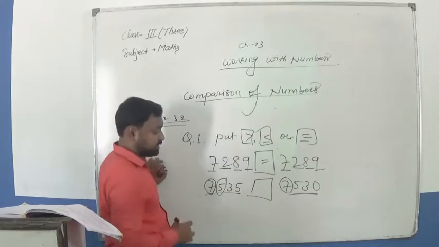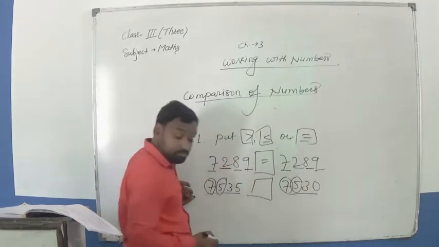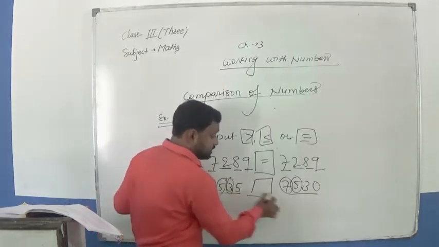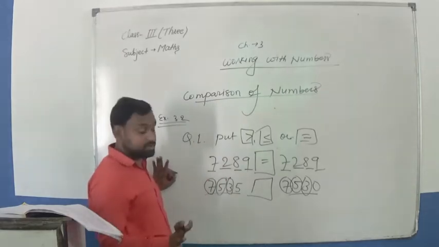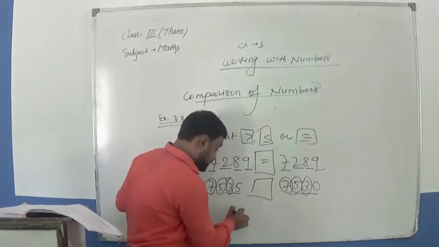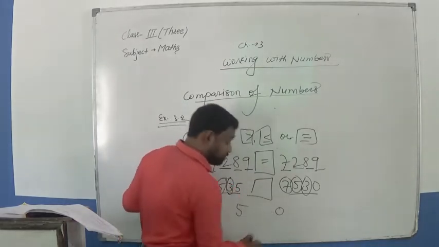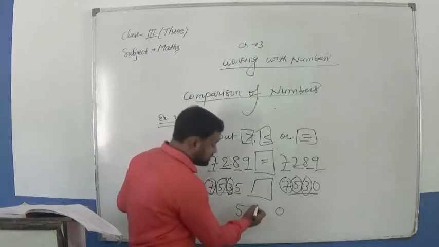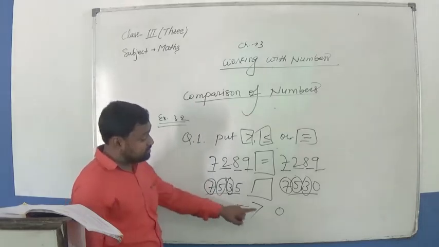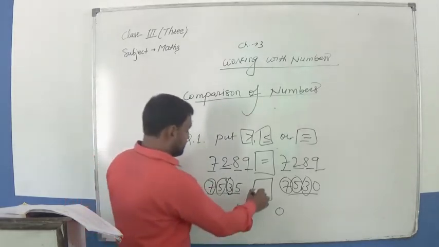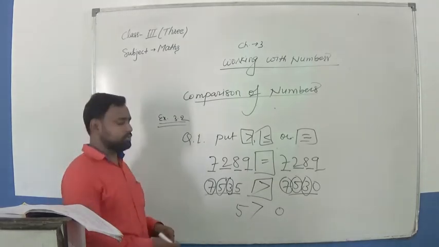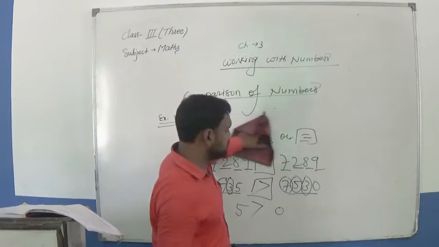Now we move next, 5 and 5 are the same, can't be determined. The third digits, 3 and 3, are also the same. Now here it is 5 and here it is 0, and 5 is greater than 0, that's why this number is greater than that number.